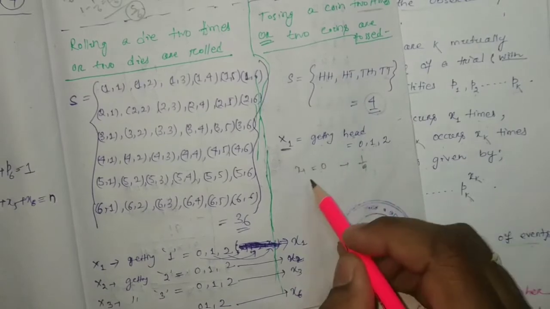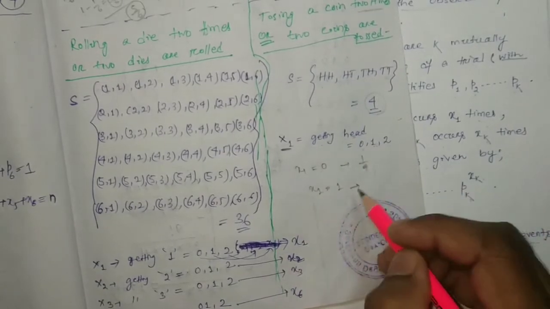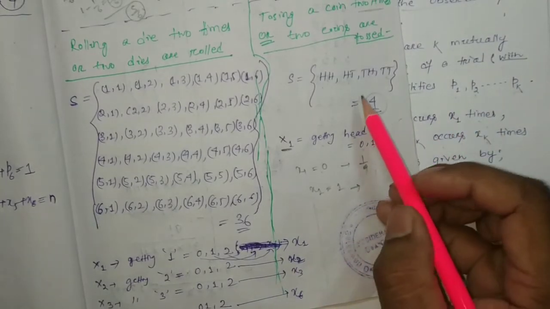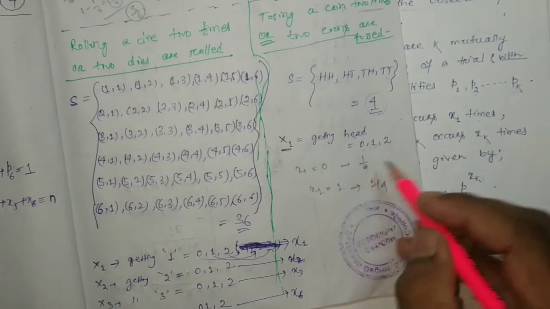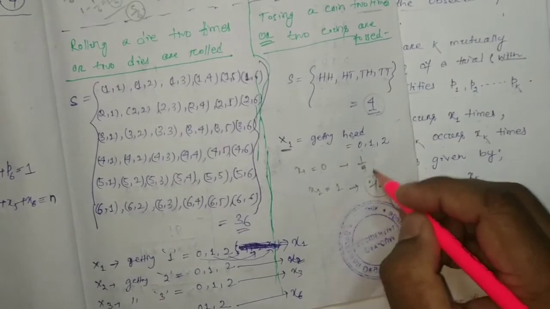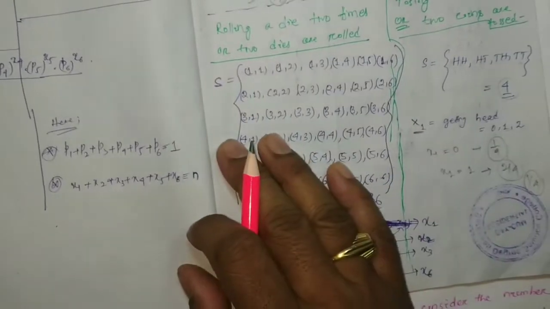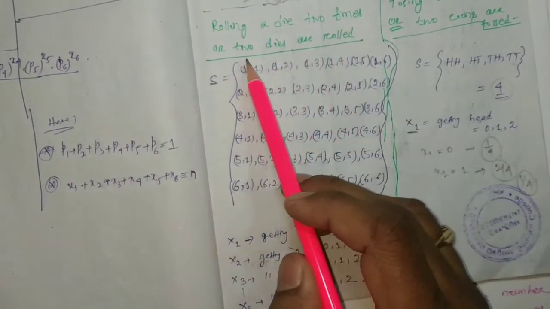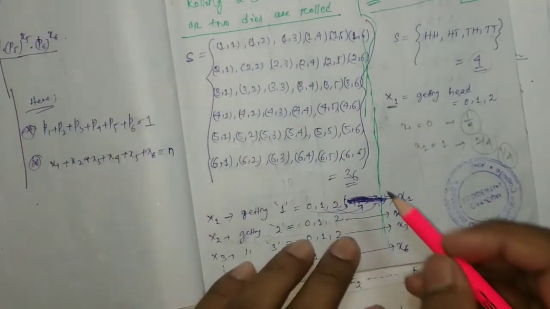If we consider x1 as 1, it means we want to get one single head. Single head outcomes are 1 2, so 2 by 4. Double head is 1 by 4. These are the traditional methods we know. Likewise, if we consider rolling a die two times, or two dice are rolled, we can get this many sample points.